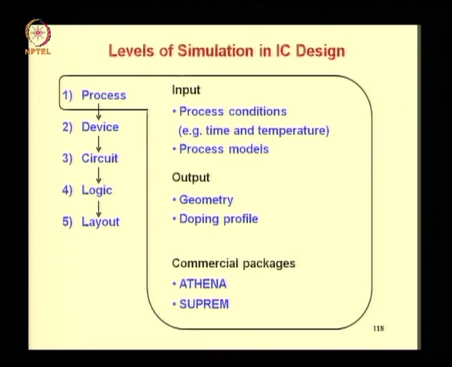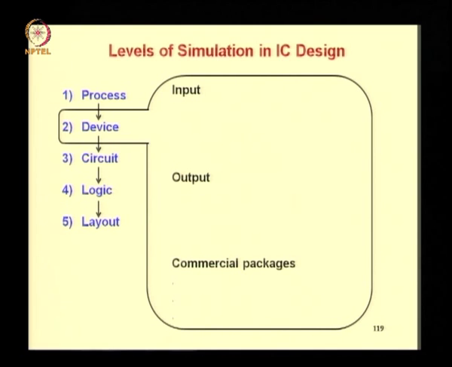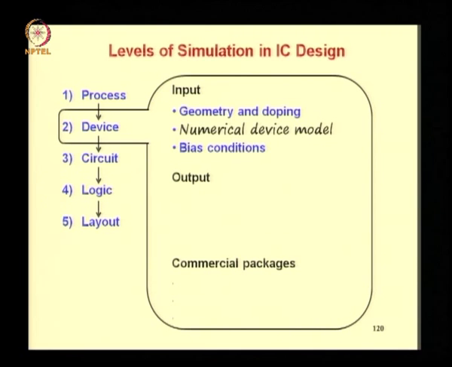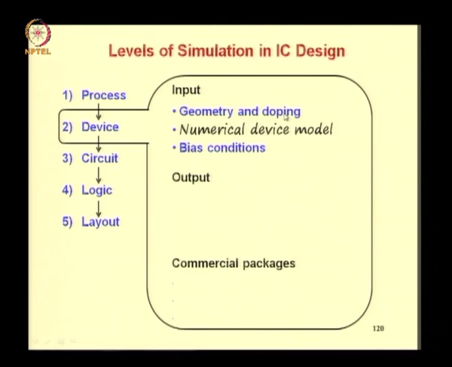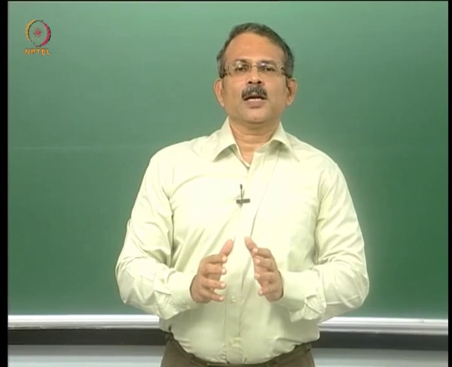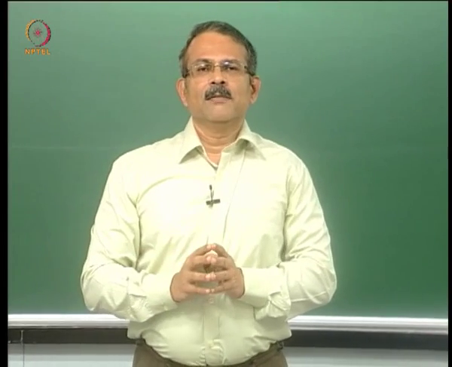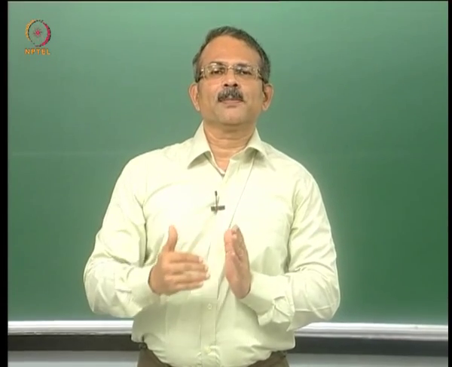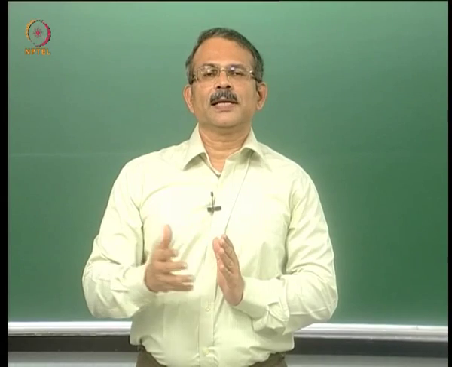Let us look at device simulation. What are the input and output in this case? In device simulation, the input is the geometry and doping in the device as a function of distance, and you use numerical device models. Numerical device models are those equations which have to be solved using numerical procedures, Newton-Raphson technique and so on.